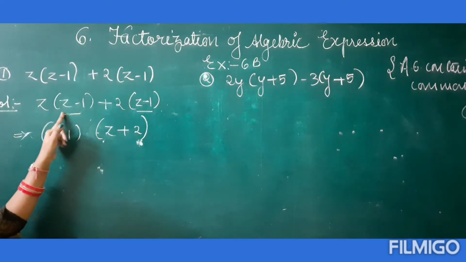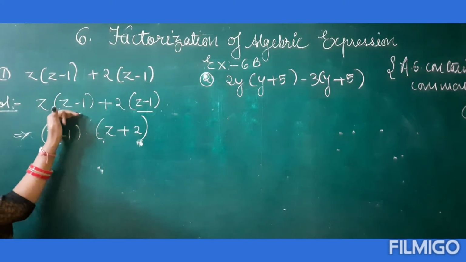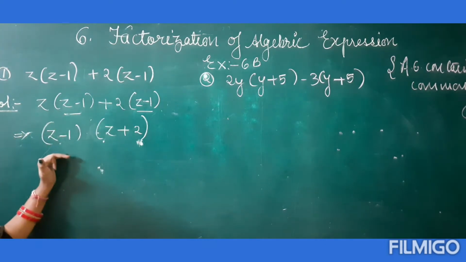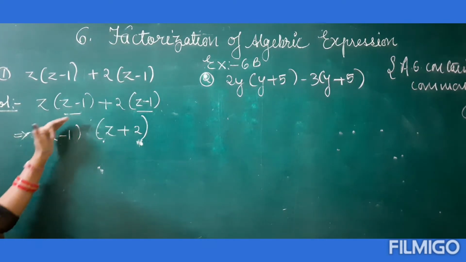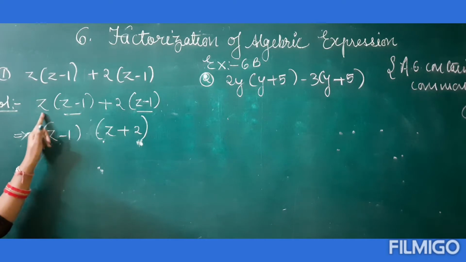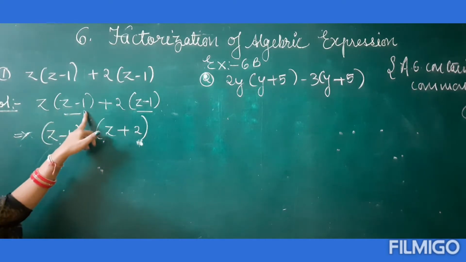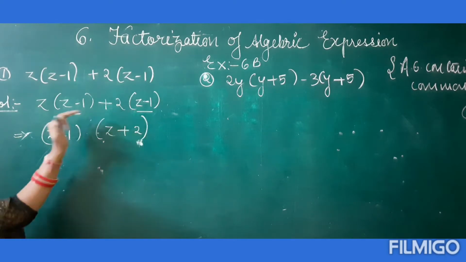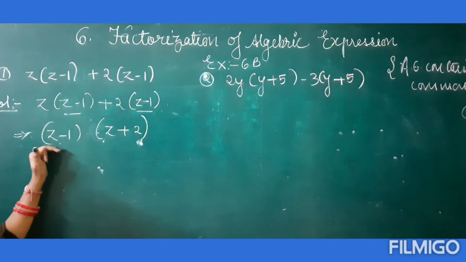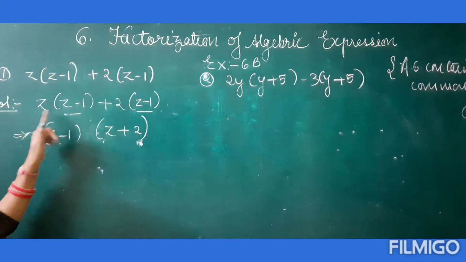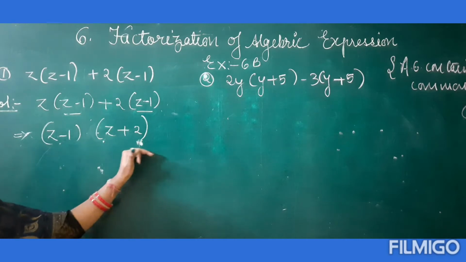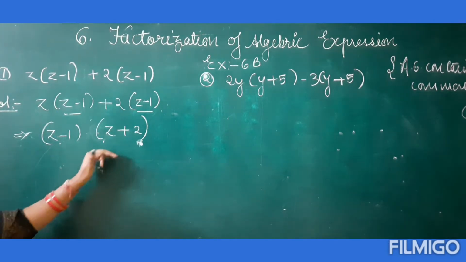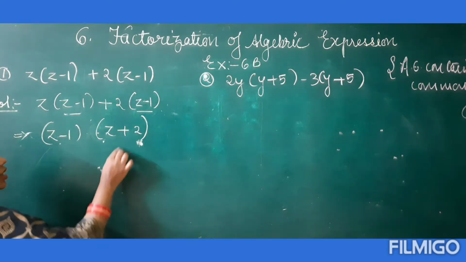So what you have done in this question: first you have to see the common binomial factor in both the terms, and after that we have to factorize the polynomial, means we have to write down in this form. As you can see, z minus 1, these are two terms, therefore it is binomial. Here and here both, z minus 1 is common. So from both I have taken out z minus 1 as common, and what is remaining? Z plus 2. So z plus 2 will be written here. Therefore z minus 1 and z plus 2 is the answer here.